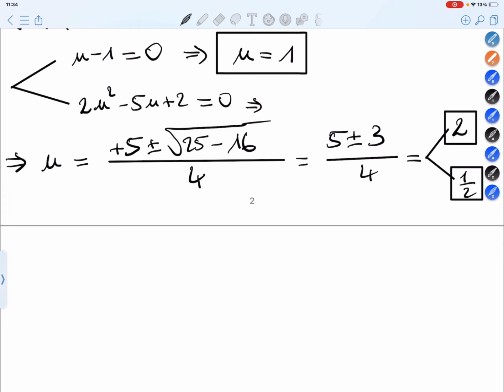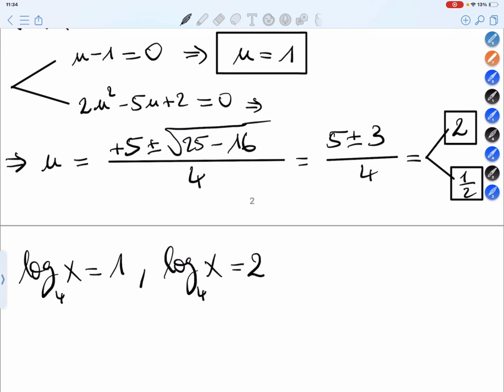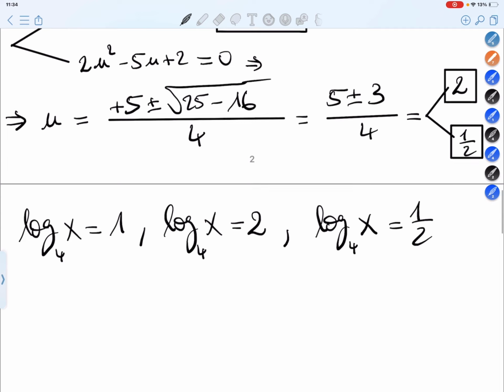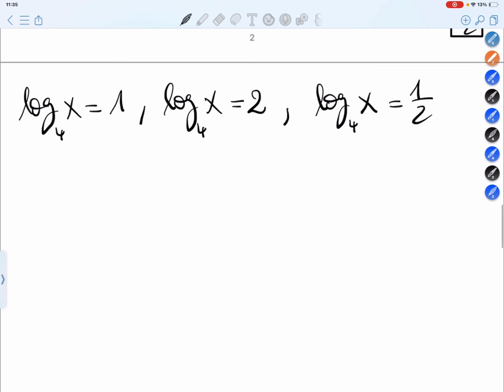So we're gonna have these three solutions: log base 4 of x equal 1, then log base 4 of x equal 2, then log base 4 of x equal a half. Are we done yet? Not really, because we want x, we don't want logs.